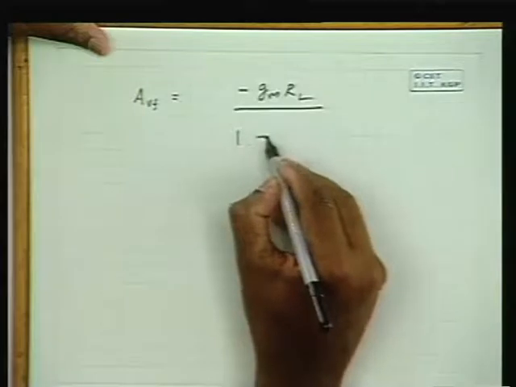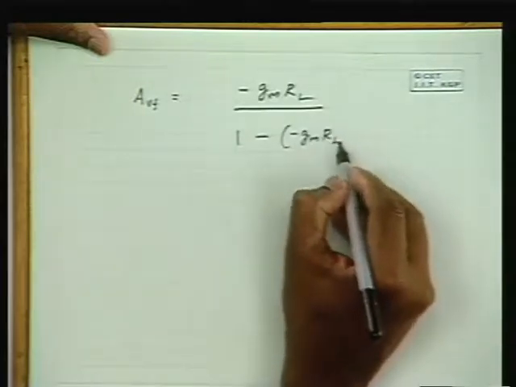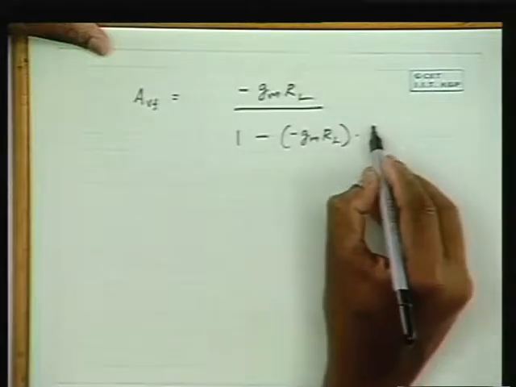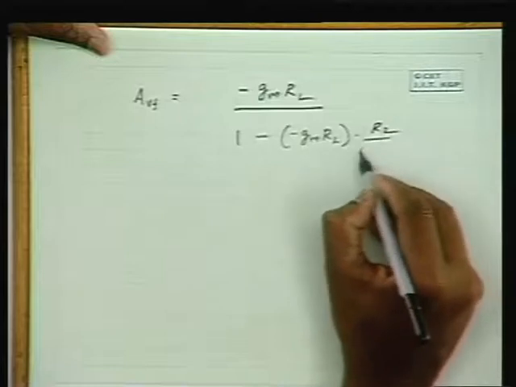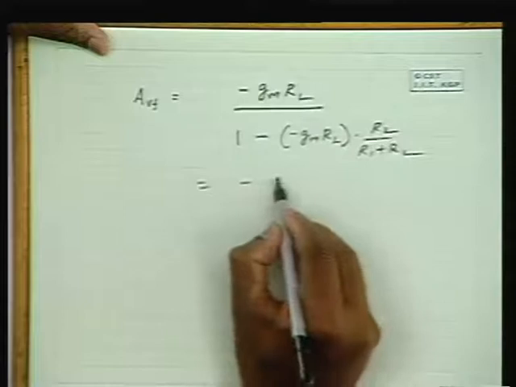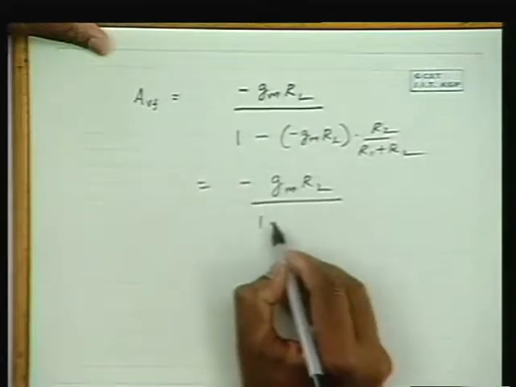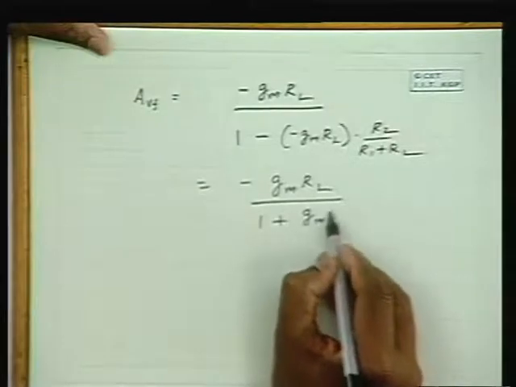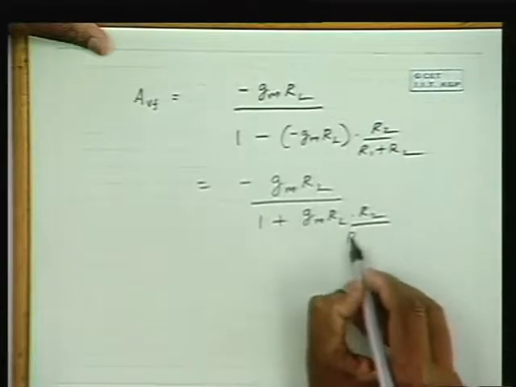Therefore 1 minus A, where A is minus Gm RL, into beta, which is R2 by R1 plus R2. Hence it is equal to minus Gm RL by 1 plus Gm RL into R2 by R1 plus R2.